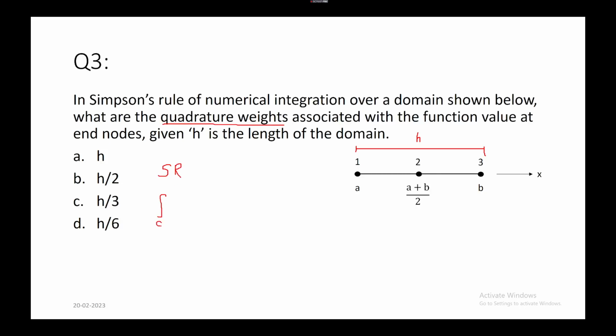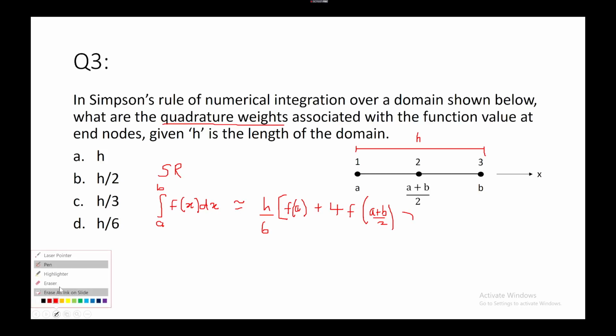So integral a to b f of x dx is approximated as h by 6 into f of a plus 4 times f of a plus b by 2 plus f of b.